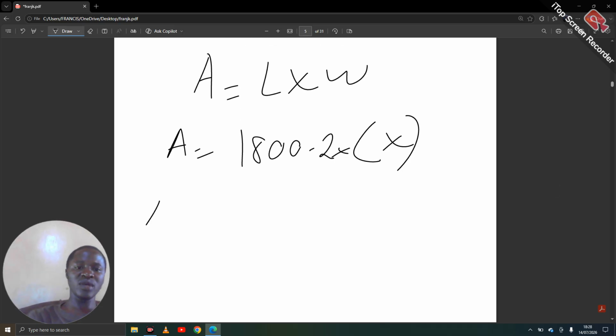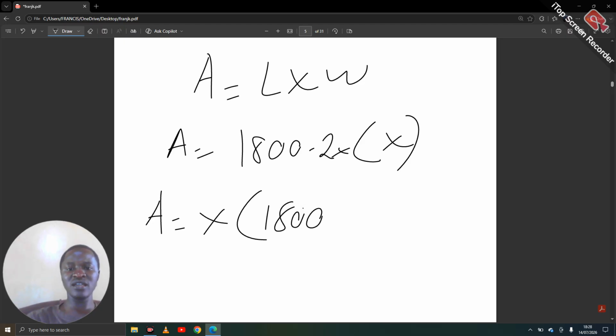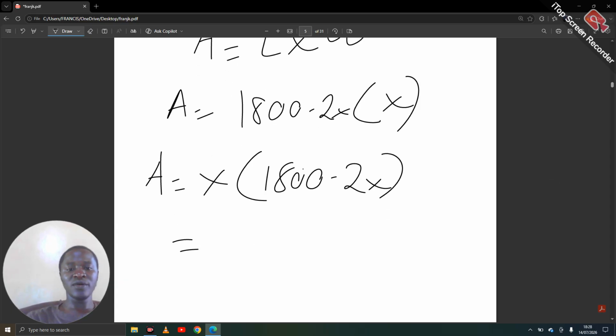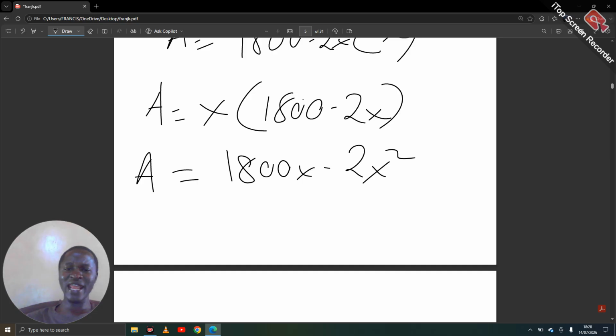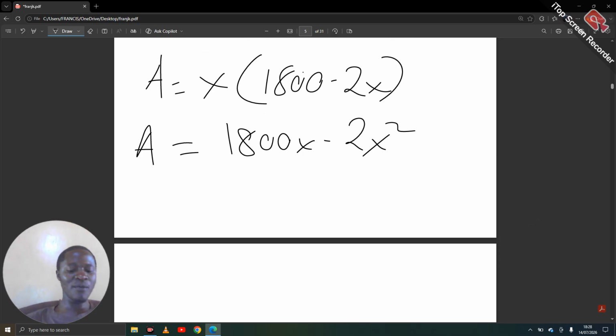So rewriting, we shall have area is x into 1800 minus 2x, which gives area equal to 1800x minus 2x squared. So differentiate the area to obtain the maximum dimensions.